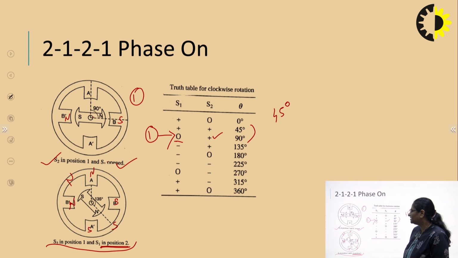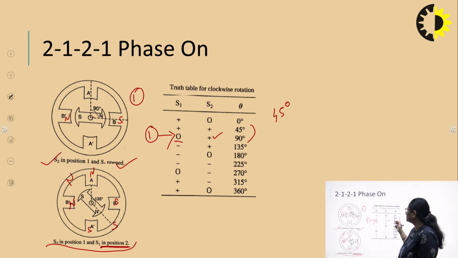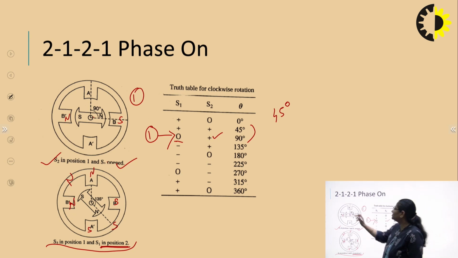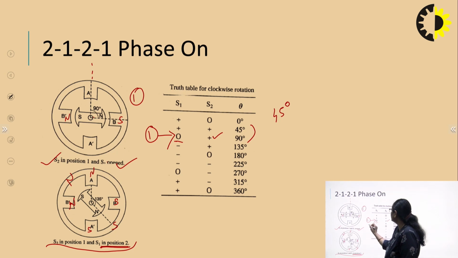So in this manner, you can see that this was the position of the rotor with respect to the reference angle. The rotor is at an angle of 90 degrees, and in this particular case, which pertains to this second one, the rotor position is at an angle of 135 degrees.